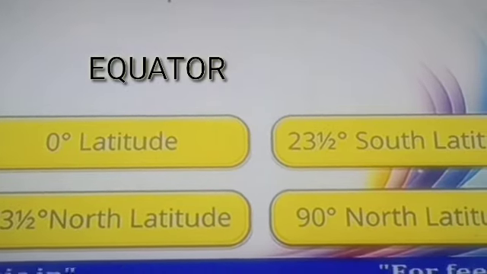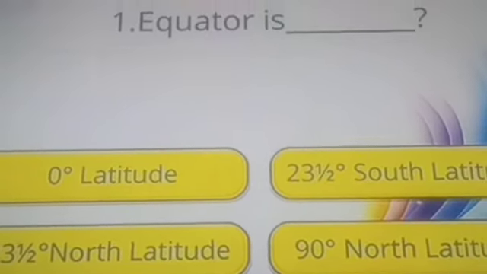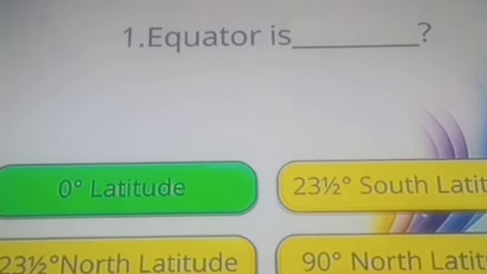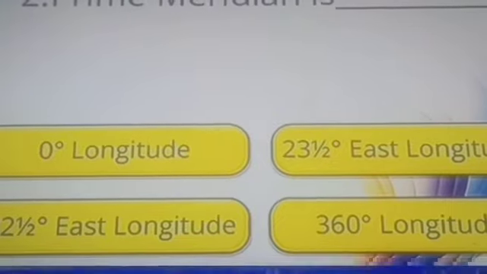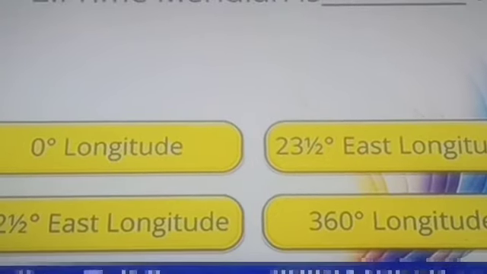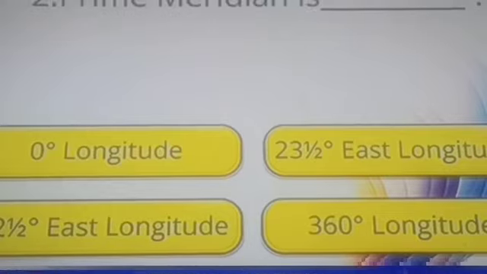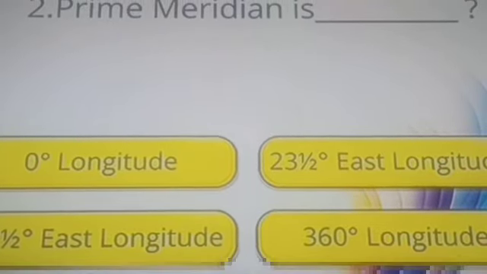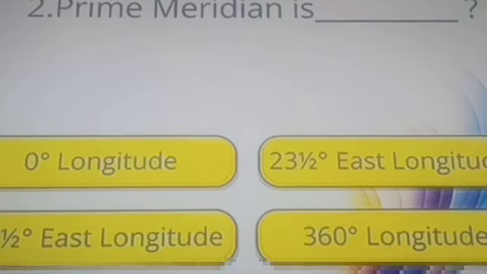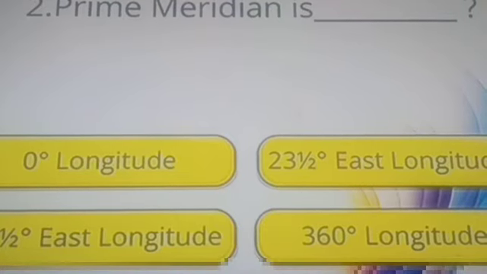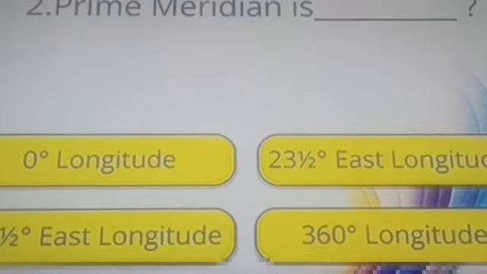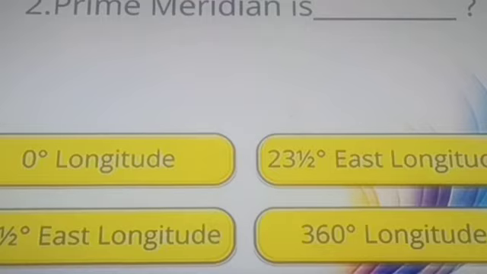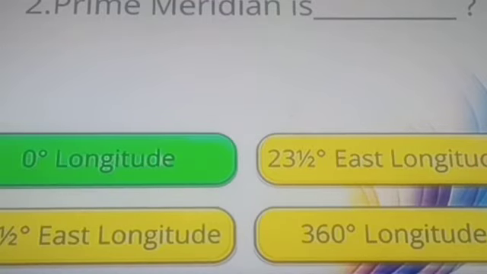The right answer is equator is 0 degree latitude. The second question is, prime meridian is 0 degree longitude, 23.5 degree east longitude, 82.5 degree east longitude, or 360 degree longitude. The right answer is prime meridian is 0 degree longitude.